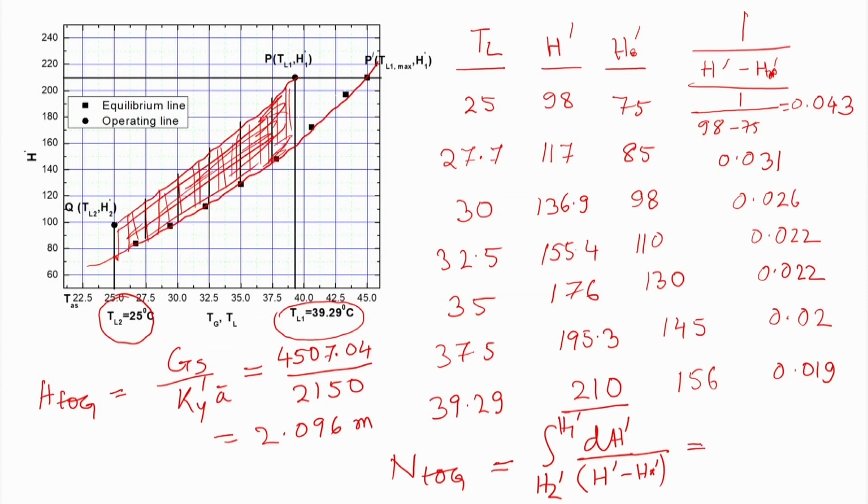So for the entire range, say 210 minus 98 into 0.026, we are getting 2.912. So now we have this HTOG and NTOG.